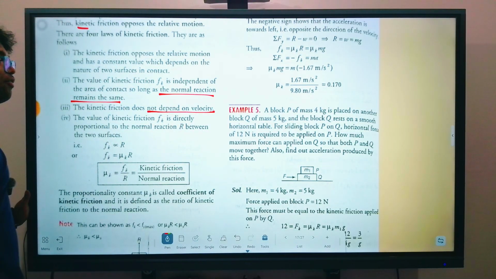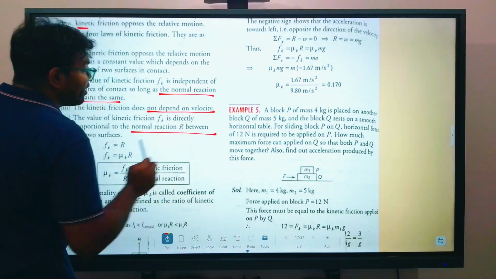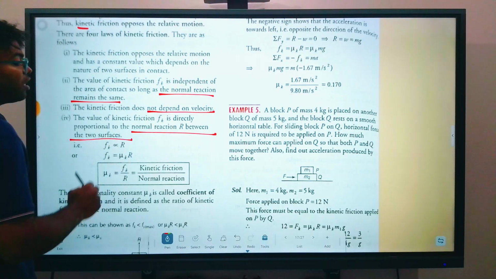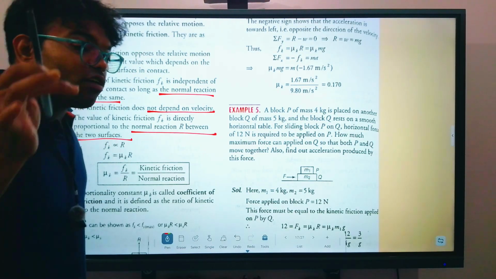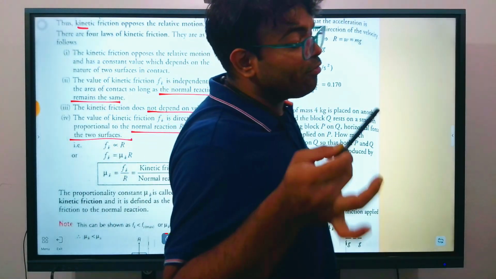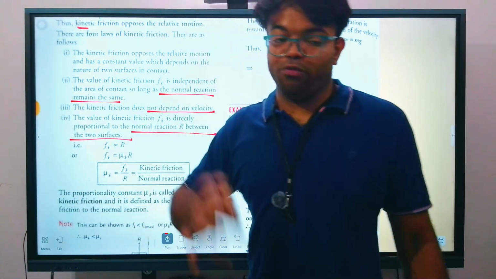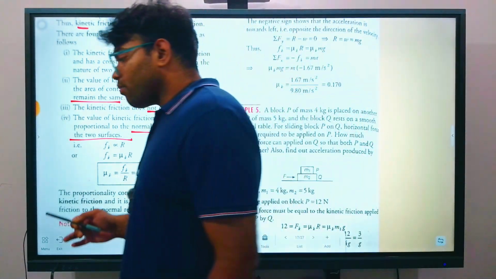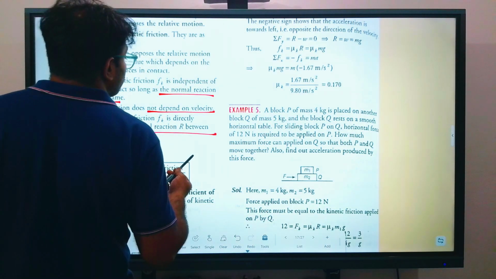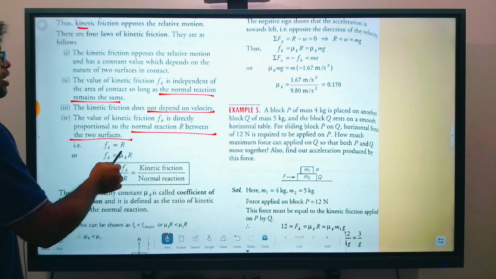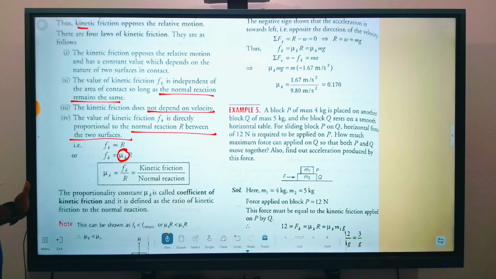The value of kinetic friction Fk is directly proportional to the normal reaction R between the two surfaces. Similar to static friction, the kinetic friction is also directly proportional to the normal reaction force. To remove this proportionality, we use the coefficient of kinetic friction.